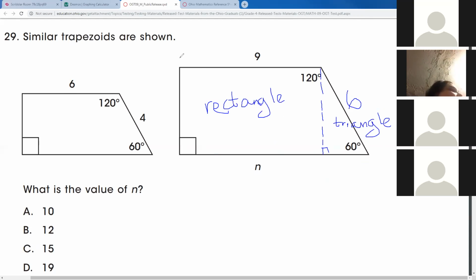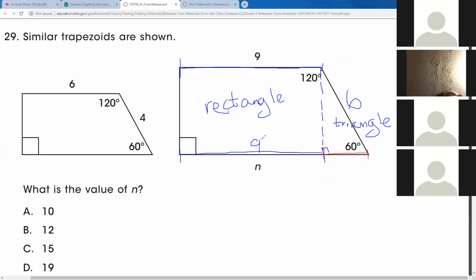So on a rectangle, if we know this top line all the way across is 9, the matching line on the bottom is the same amount. We finish at the same spot, basically, right above and below each other. This part is 9. The rest is part of that triangle, right here.